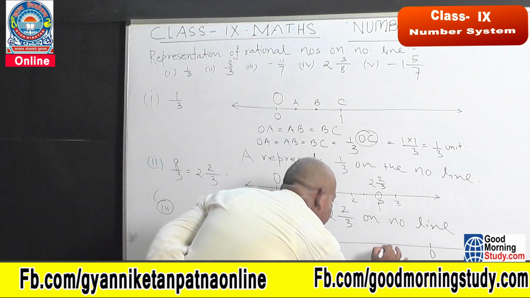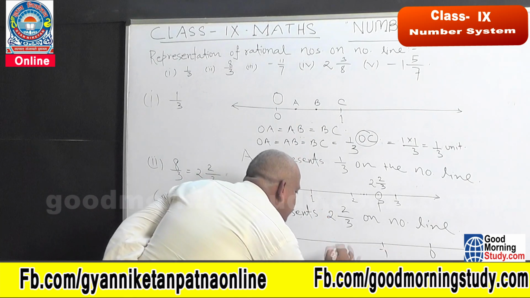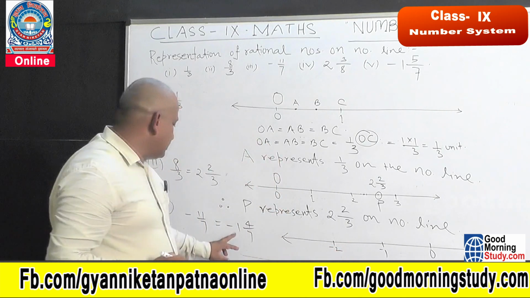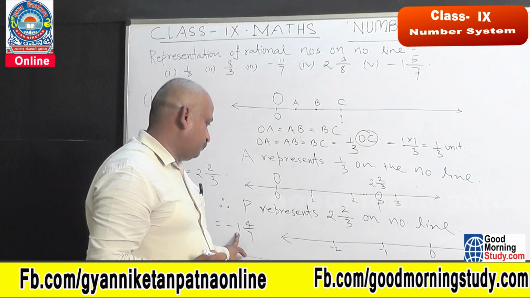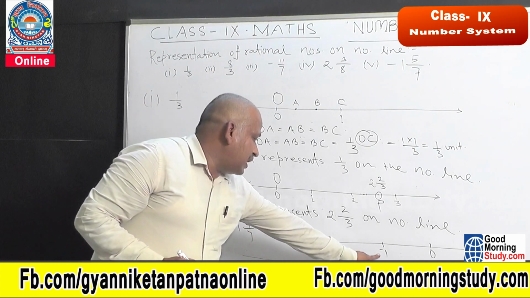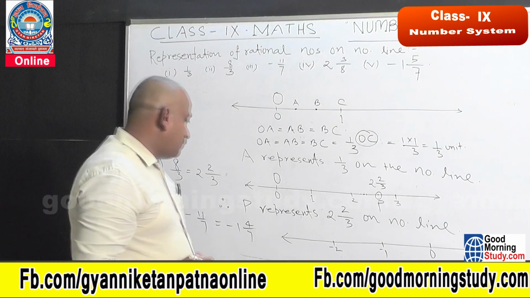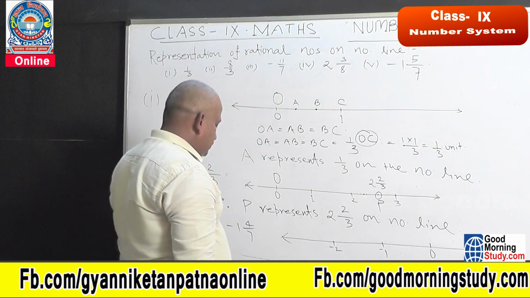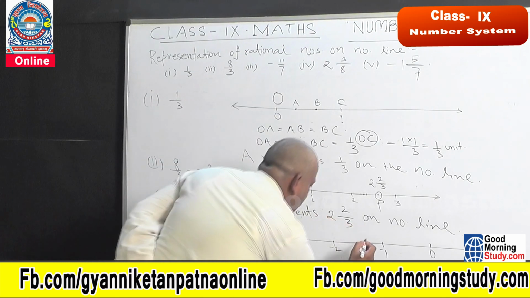And suppose this is minus 1, and this is minus 2. Children, this is sum of minus 1 and minus 4 by 7. So till here this is minus 1. We need minus 4 by 7. So for this, this one division we will divide in 7 small equal parts.